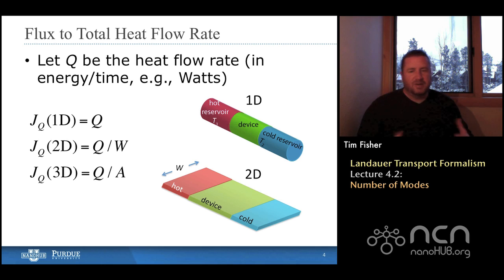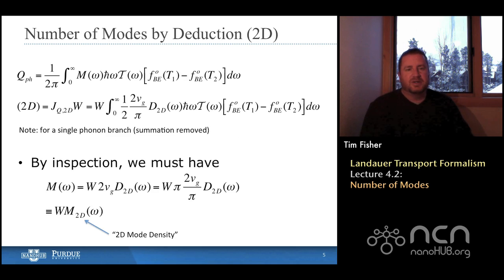And so generally speaking with a flux, if I multiply by a dimensional quantity like area or width in a two-dimensional problem, then I'll just linearly scale the heat flow rate with that dimensionality. In 3 dimensions, it's the usual Q divided by area.